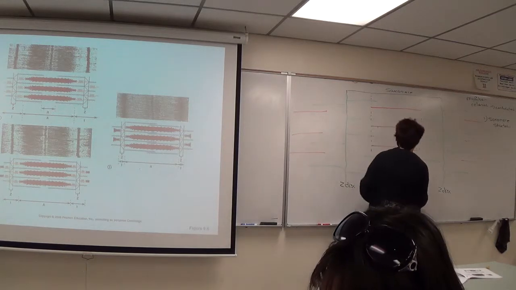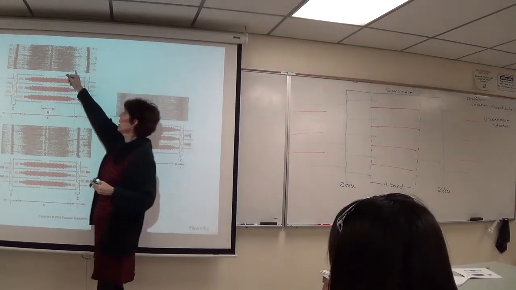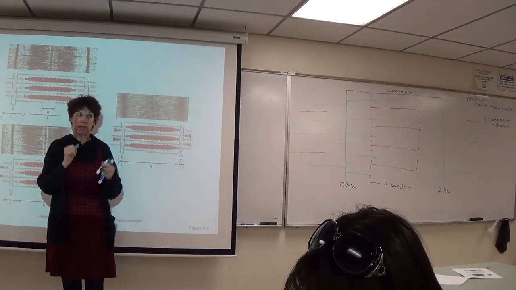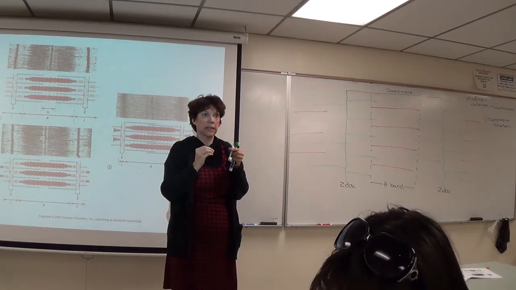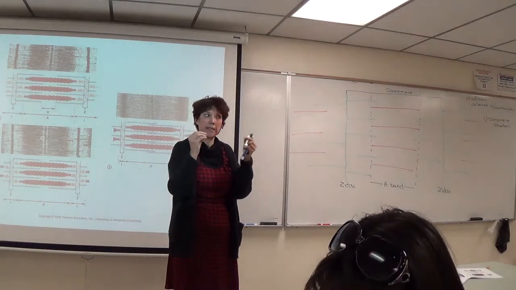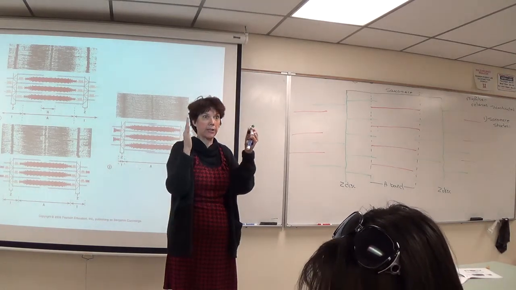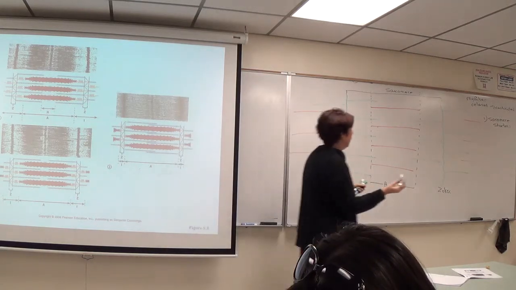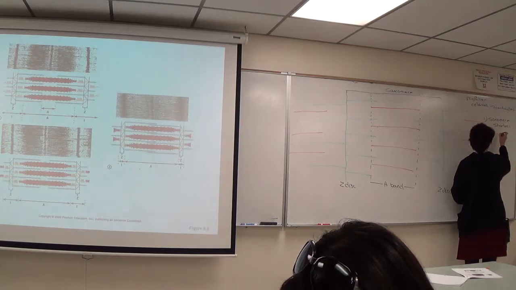Does the A band narrow? Yes. This from here to here, will that become narrow when the muscle cell contracts? No, because that would require the myosin filament getting shorter. The myosin filament does not get any shorter. All right? What's happening is actin overlaps it more. It might get darker, but it doesn't get shorter. All right? So the A band is unchanged.